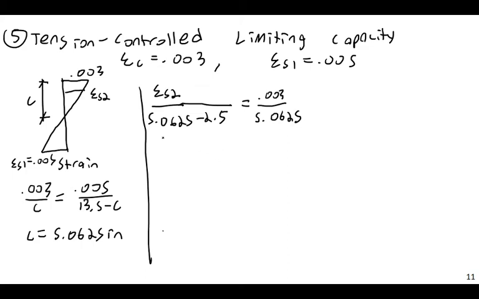And if you run through those similar triangles, you will find that epsilon S2 is equal to 0.00152.